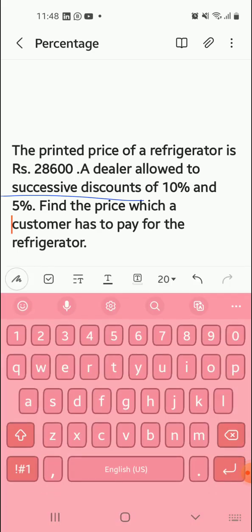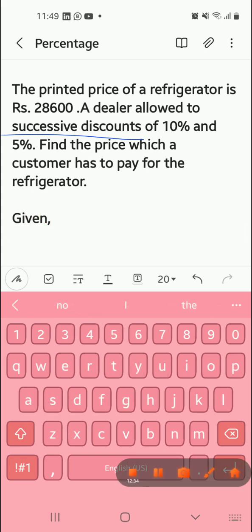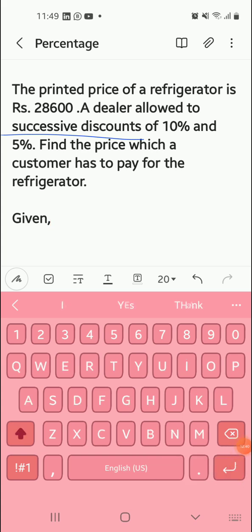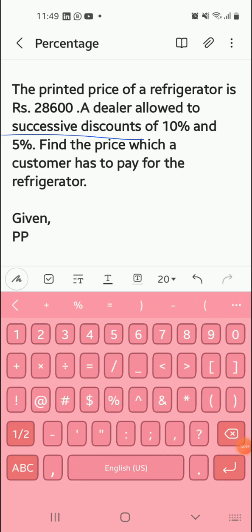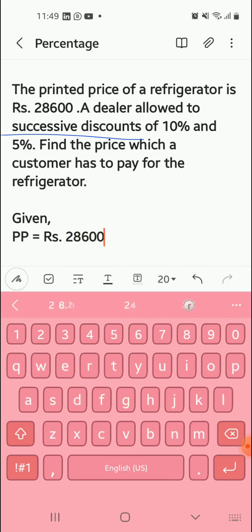So over here, what we're going to write is, first we have to write the given information which is important. First, given the printed price, I'm writing it PP, the printed price is equal to rupees 28,600.